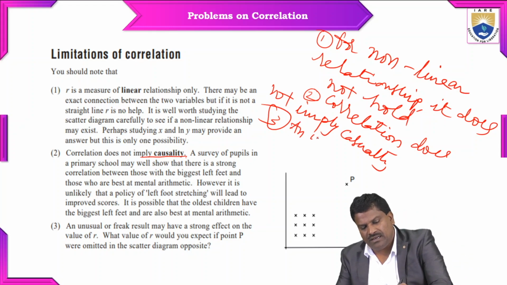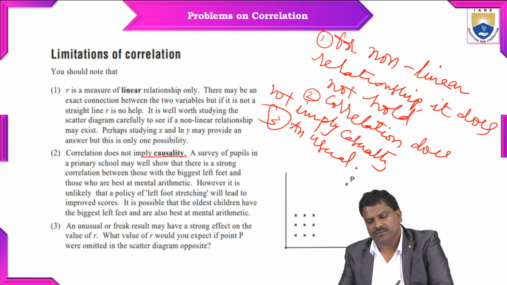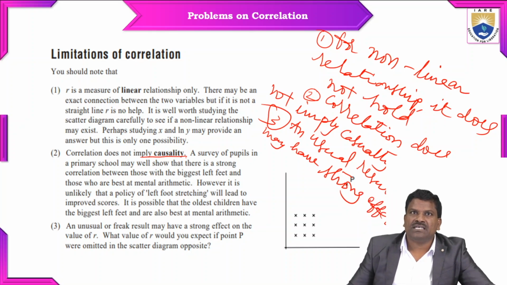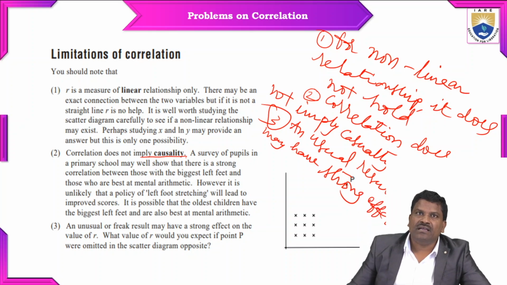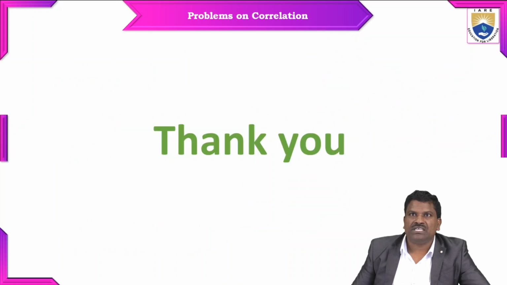An unusual result may have a strong effect. So these are the three main limitations or drawbacks of rank correlation.